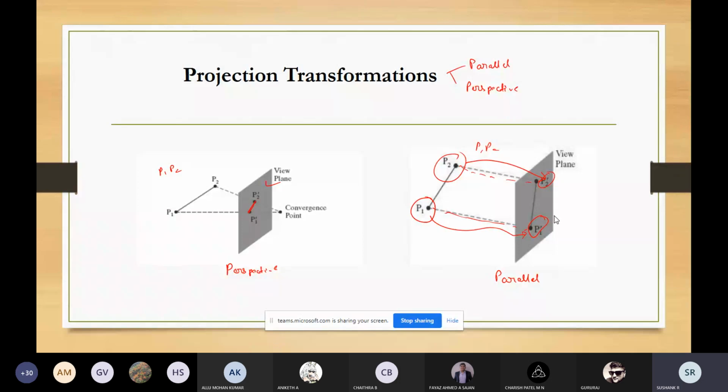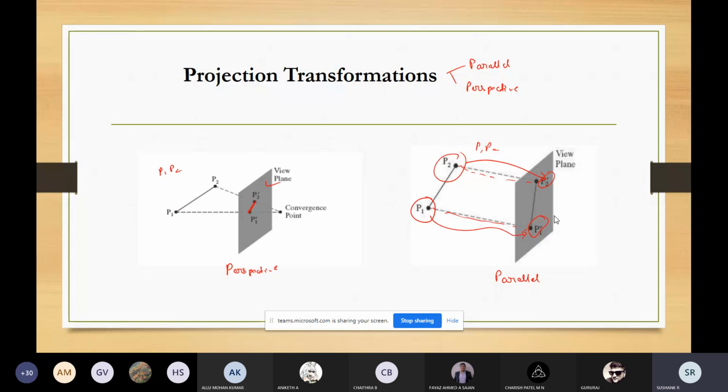All the parallel lines in the scene will be displayed as parallel when you are viewing with the parallel projection. So the first thing is the proportion of the object will be preserved, and the second is that all the parallel lines in the scene will be displayed as parallel.